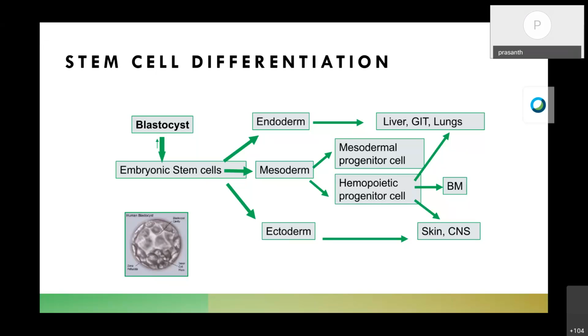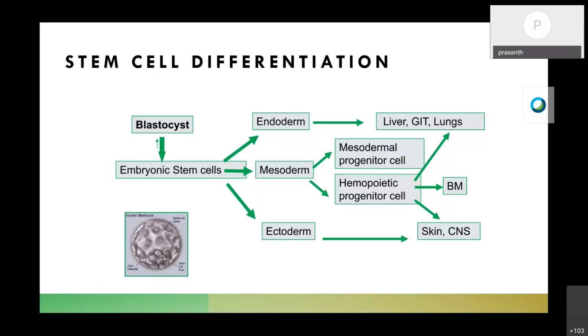The interesting thing about stem cells is that even though they are partly differentiated into hematopoietic stem cells or mesodermal cells, they have the potential to differentiate into other tissues. However, at this point of time, the use of hematopoietic stem cells for indications other than what I'm going to talk about is limited.